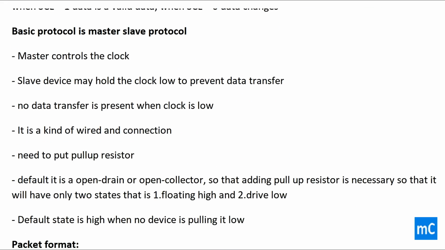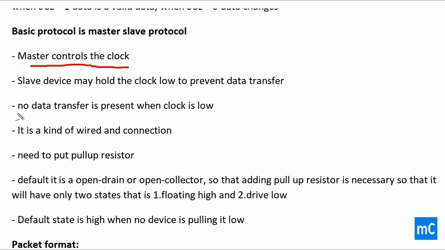A basic I2C protocol is a master-slave protocol, that is a single master and single slave. The master always controls the clock. A slave device may hold the clock low to prevent data transfer. No data transfer is present when the clock is low. The slave device pulls the clock low when the data transfer should not occur.